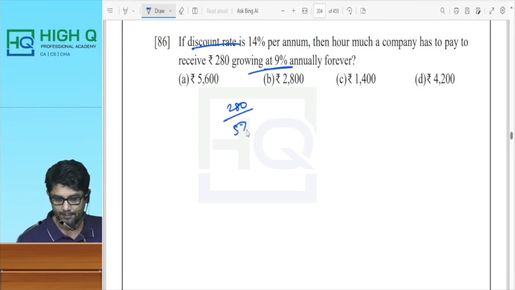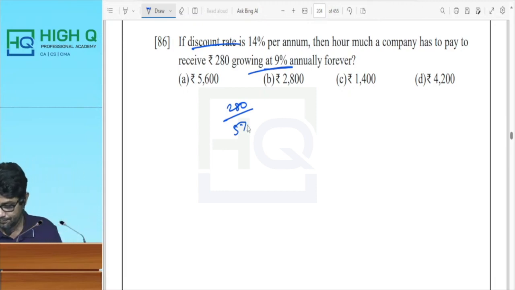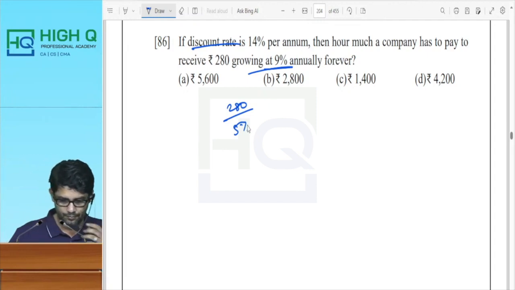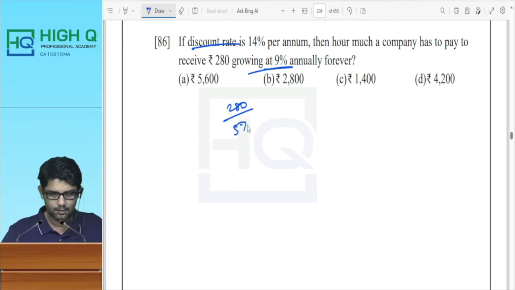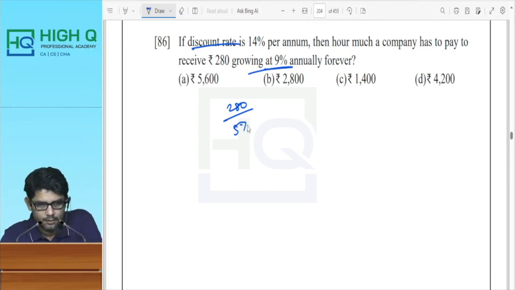So 280 divided by 5%. Did you get the answer? Is that right?